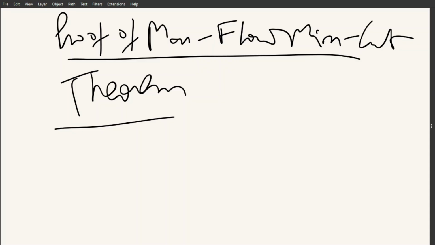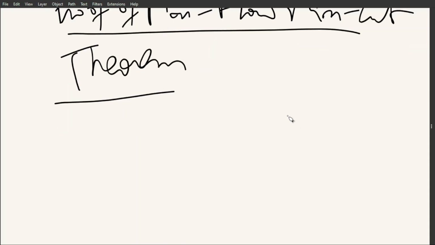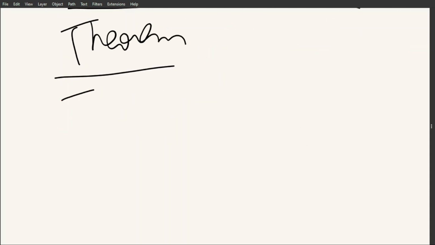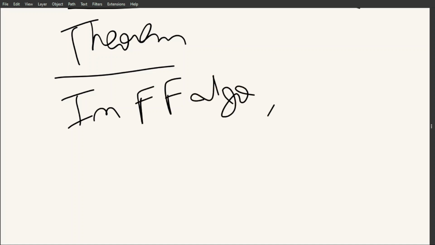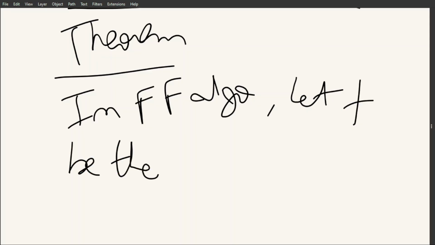So this observation will apply. We start with F using the Ford-Fulkerson algorithm. Let F be the final ST flow.